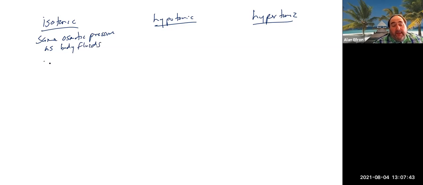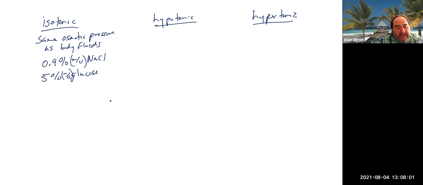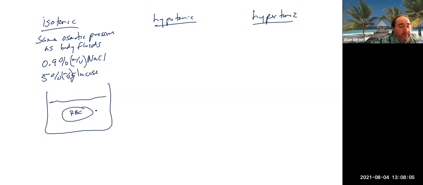Considered isotonic are a 0.9% mass to volume sodium chloride or saline solution, or a 5% glucose solution, mass to volume. If we take the classic example of a red blood cell, which acts as a semi-permeable membrane, we will get flow inside and outside of the cell pretty much equal to each other. So nothing bad will happen. The cell will be okay.